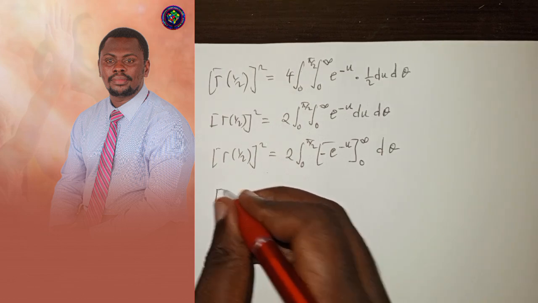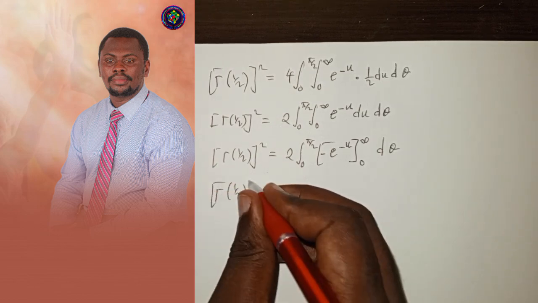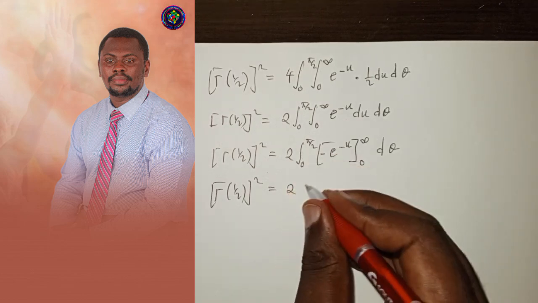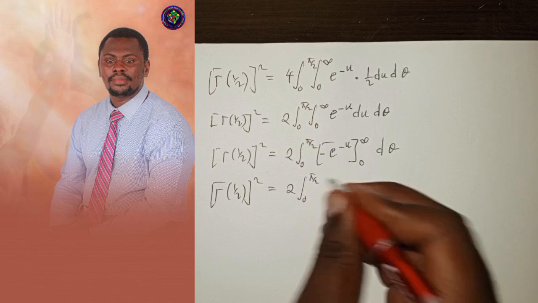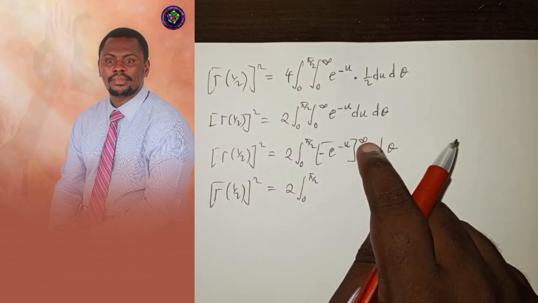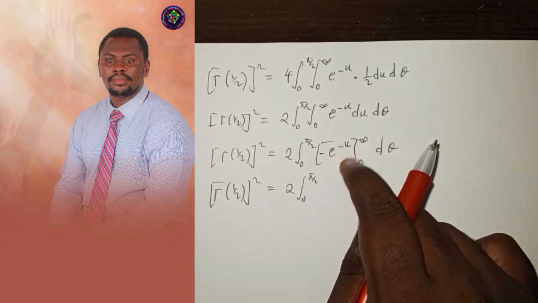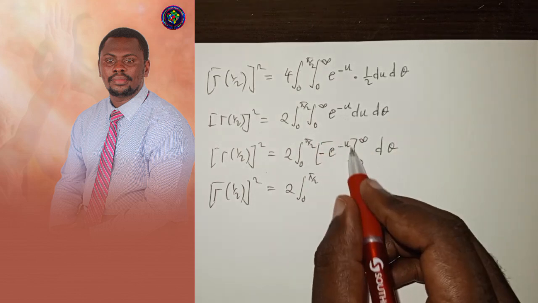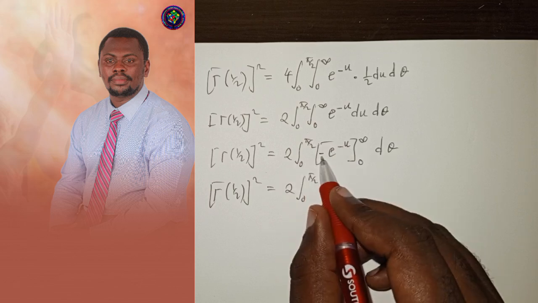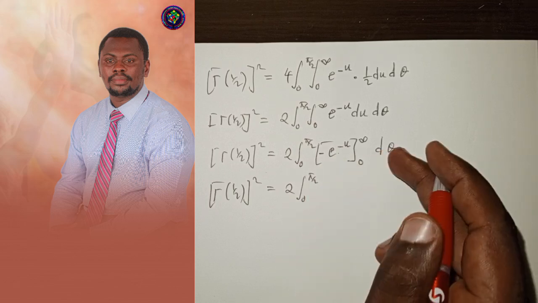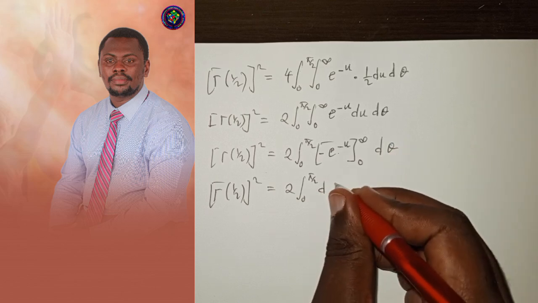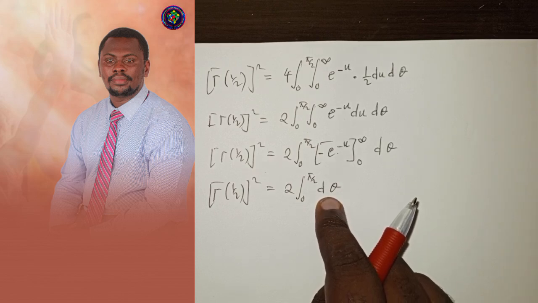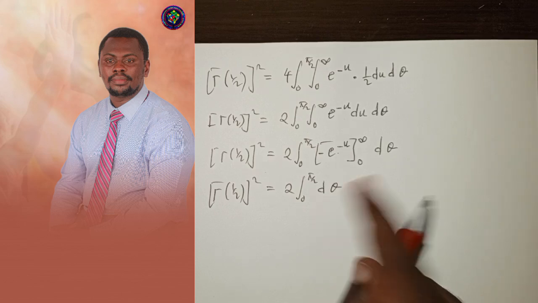Okay, so when you substitute here, if you substitute infinity here, this whole thing will be 0, so 0 minus. If you put a 0 there, it will be a 1. So minus and minus 1 will give us a 1. 1 times the theta, you get the theta. Okay, so the integral of the theta is going to be theta.